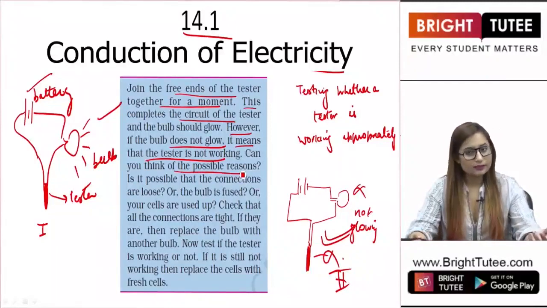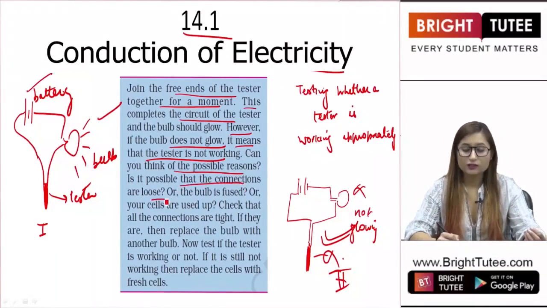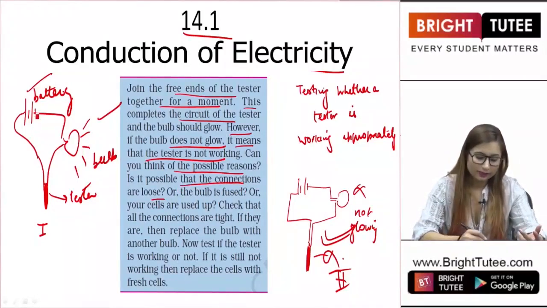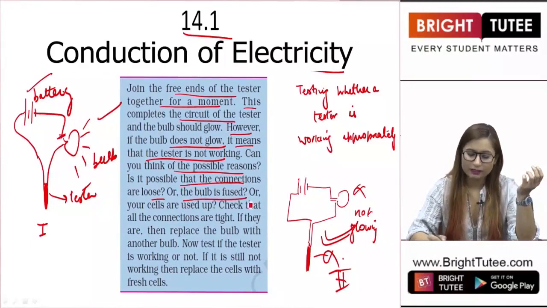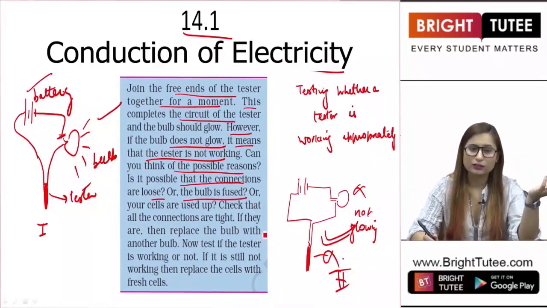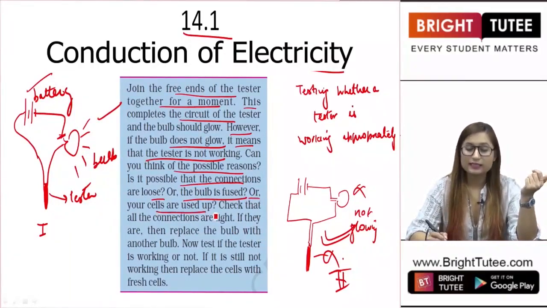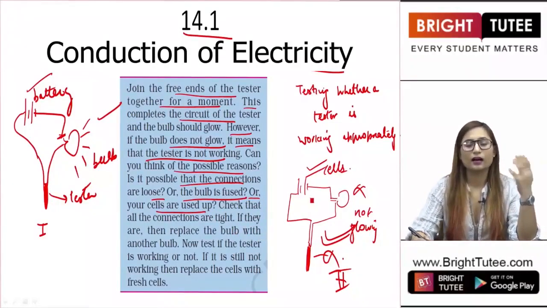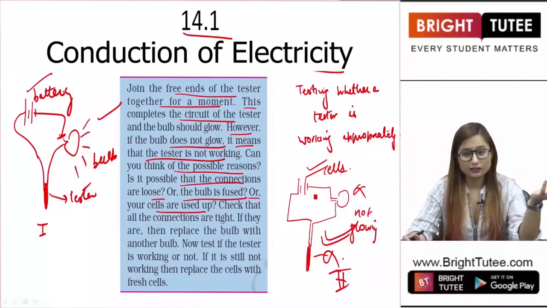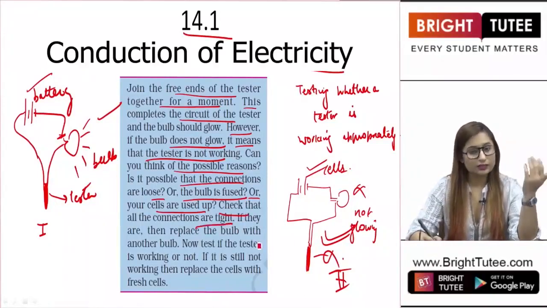Can you think of possible reasons? Obviously, is it possible that connections are loose? There might be some wires which are loose, near the bulb, near the battery. Is the bulb fused? That is also a chance, or your cells are used up. Maybe your battery or the cells that you are using do not have much energy to provide. Check that all your connections are tight.